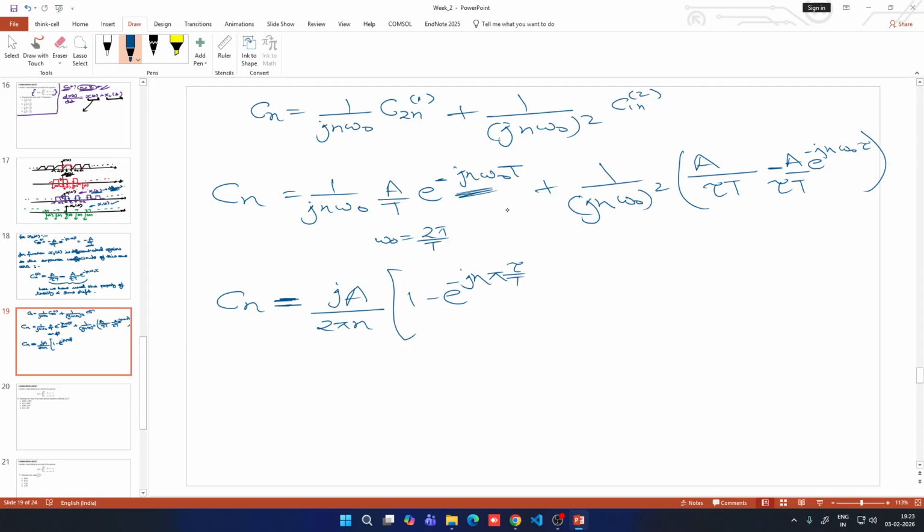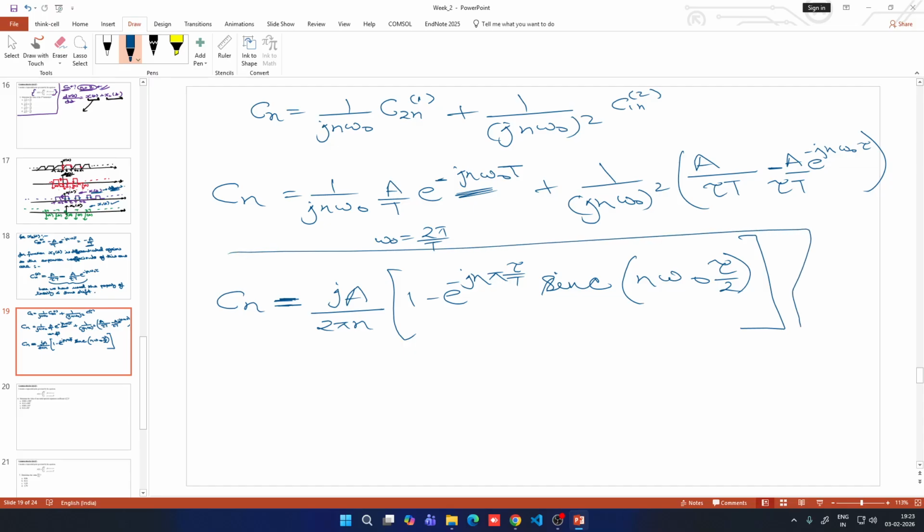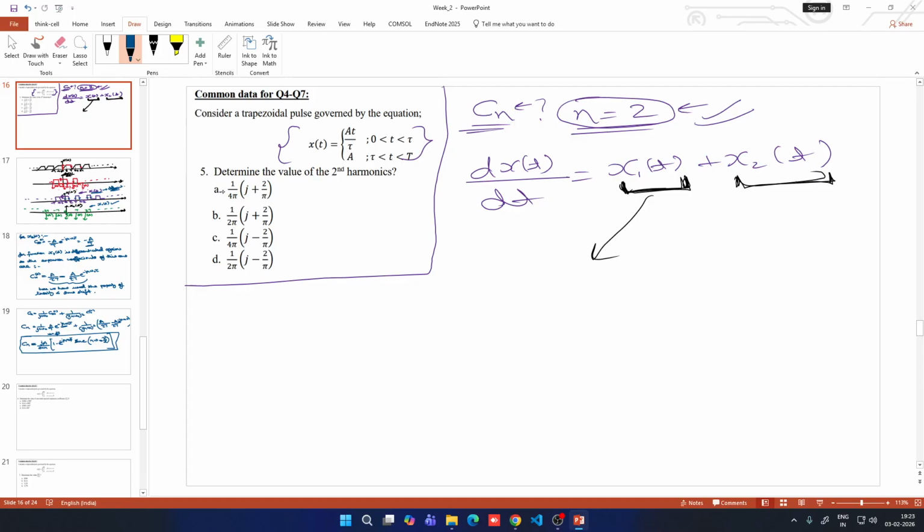So I'm replacing this omega naught also, and we have written it in the sinc form, which will come as n omega naught tau by 2. So this is our Fourier coefficient Cn. But now in the problem we have been asked to find the second harmonic, meaning n should be 2.